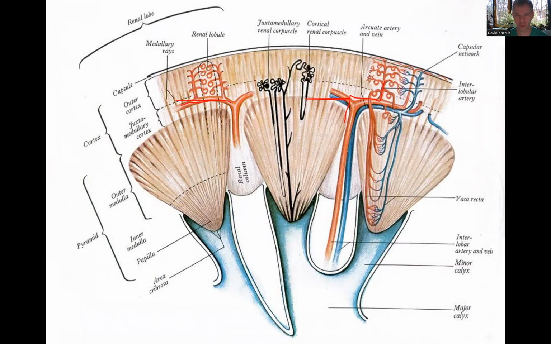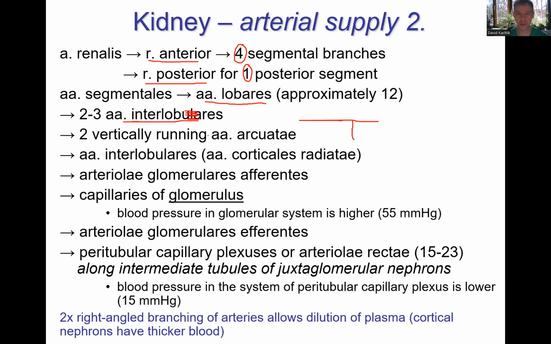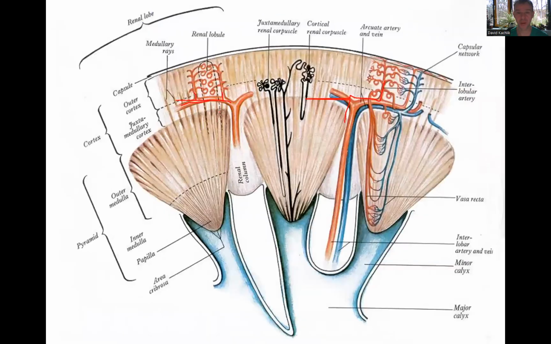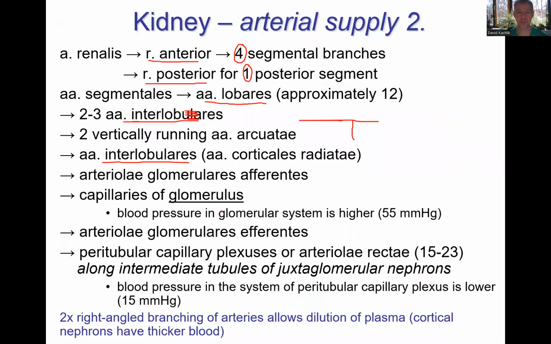And again, we will have right angle branching into interlobular arteries. These arteries are also called radiate cortical, as you can see that they really radiate in the cortex this way. So they are fan-shaped.